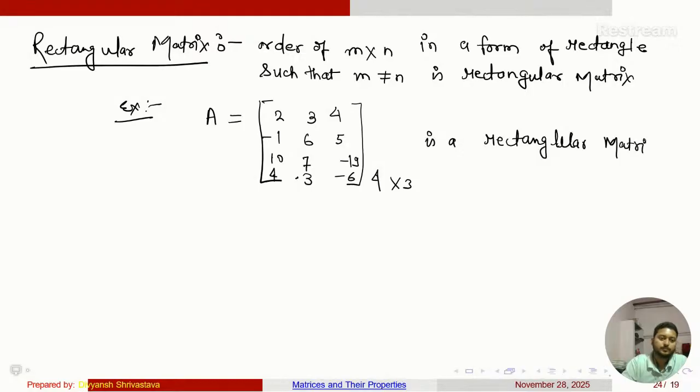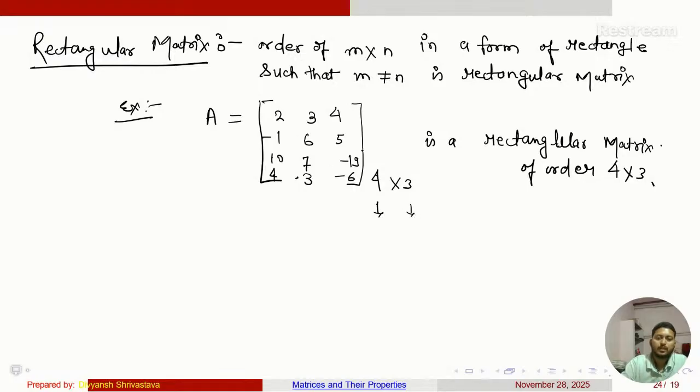A matrix of order 4 cross 3. So this is an example of a rectangular matrix where m is not equal to n, because you see here both dimensions are different, and rows and columns are different.